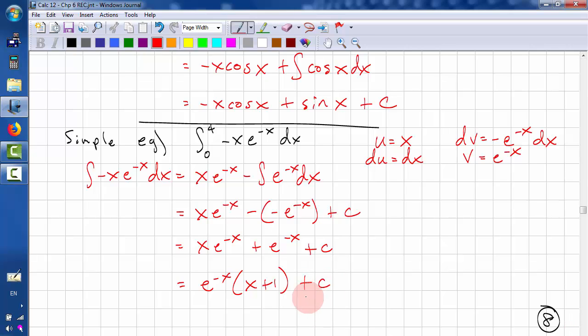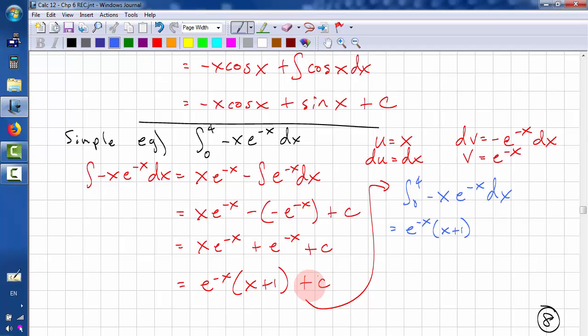We still have one more step to do. We need to use our limits of integration. So the integral from 0 to 4 of negative x e to the negative x dx equals e to the negative x times x plus 1.